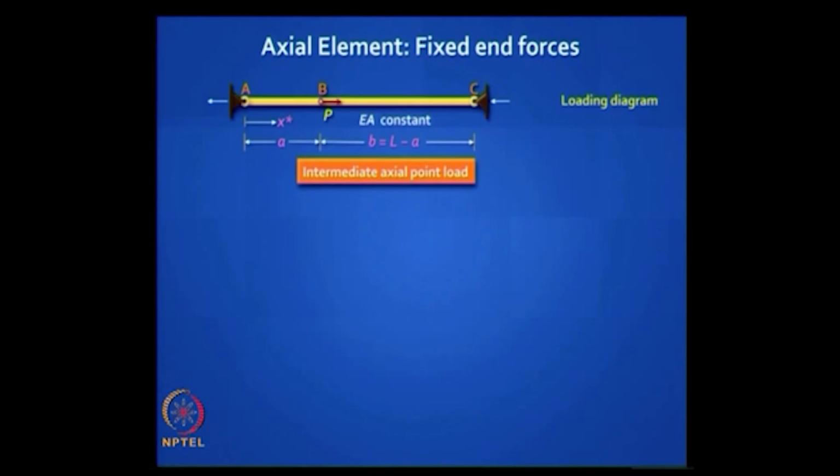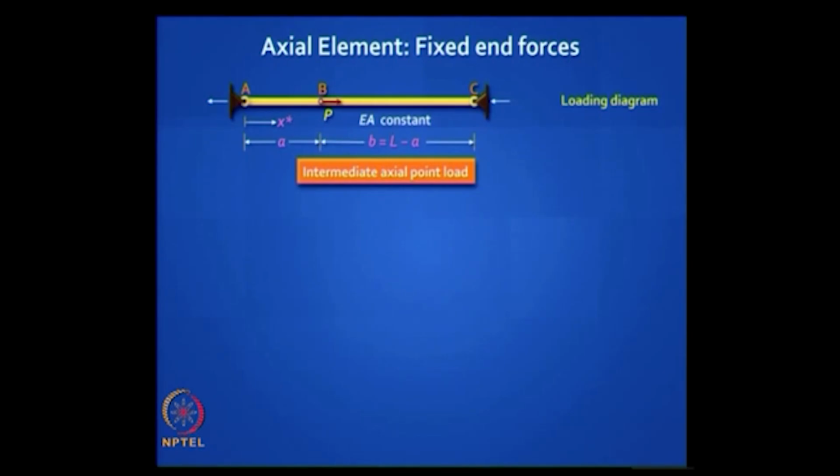Now if I have a situation like this, one of the options I have is I split it into two elements. I split it into two elements, so it still becomes a nodal load, you understand, but that is extra effort. If I still want to manage with one element, then I must have an equivalent joint load. I must pass on this load P to the two ends, right.